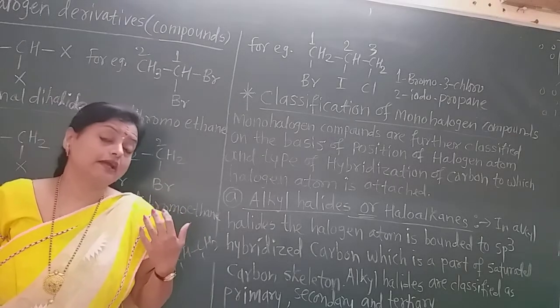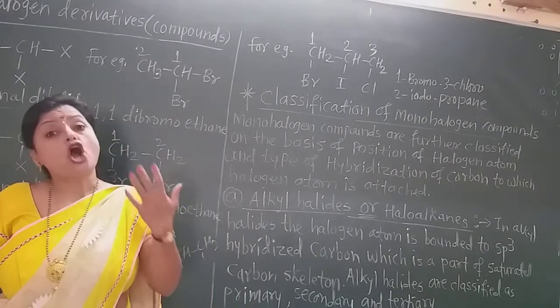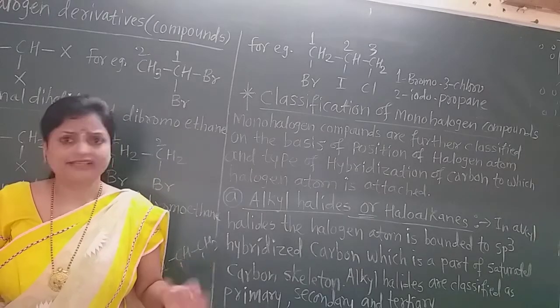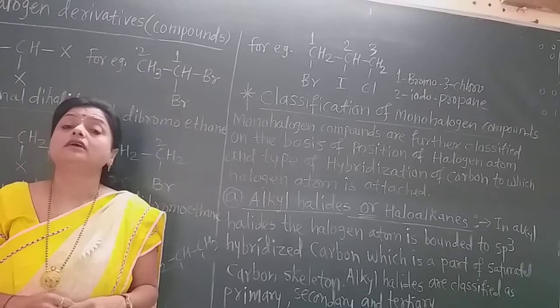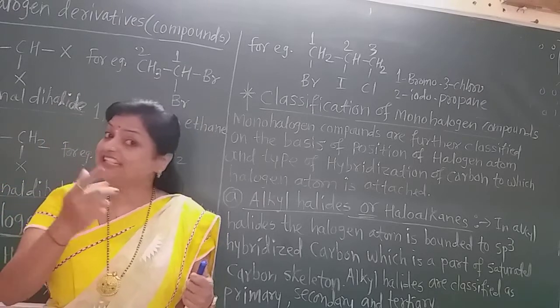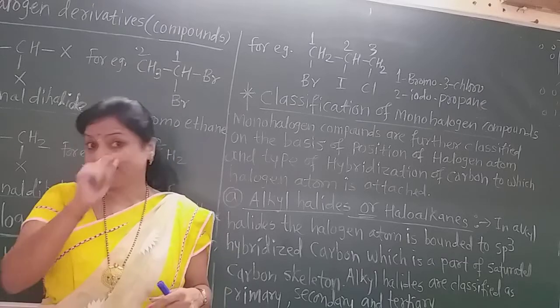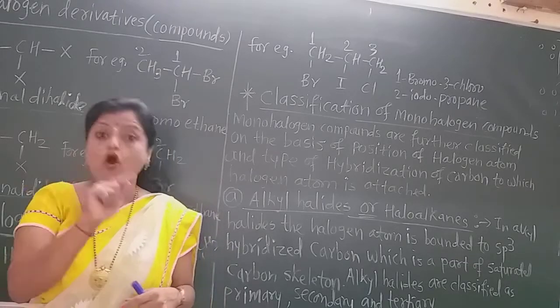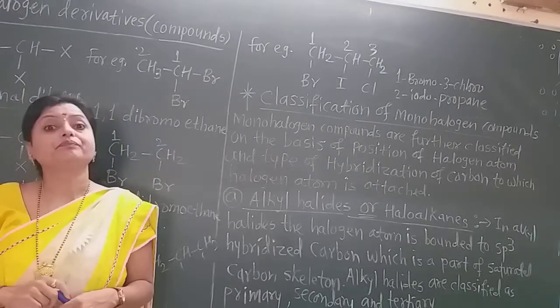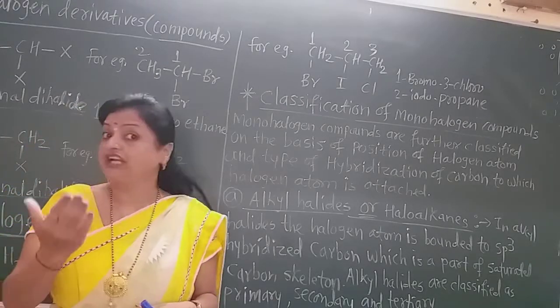In sp3 hybridization all the carbon atoms are attached to each other by single bonds, that is saturated, such as alkane. What is in sp2 hybridization? There is the alkene, ethene. We learned the example of ethene. There are two bonds between the carbons, one is a sigma and another is a pi bond. So that is the sp2 hybridization we learned in 11th standard.